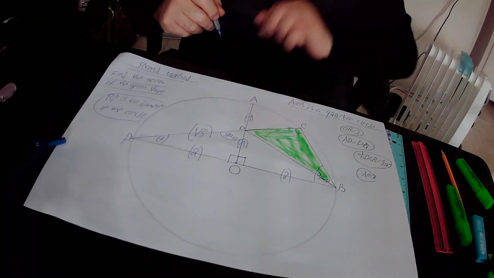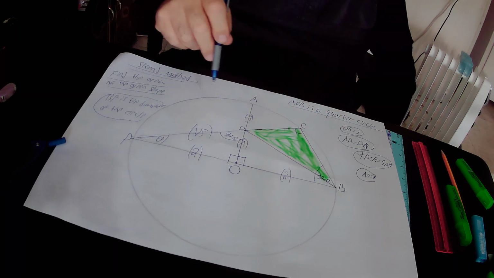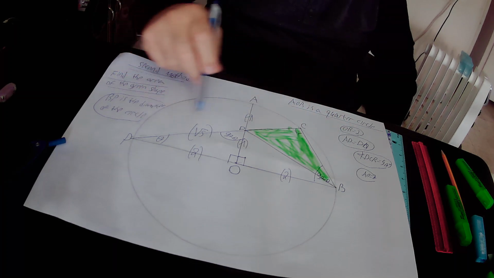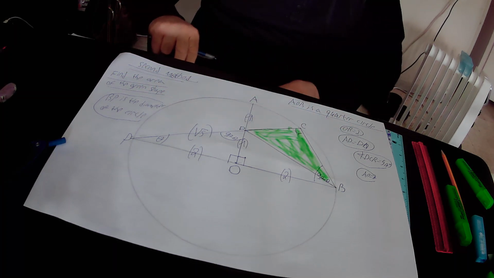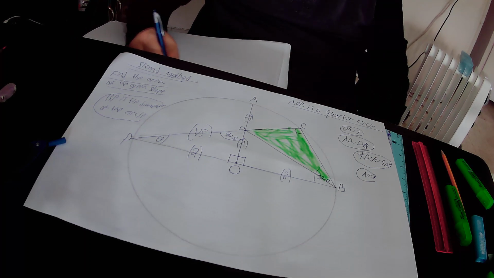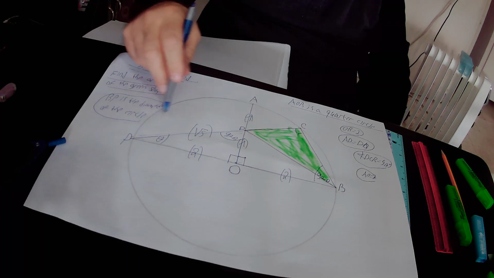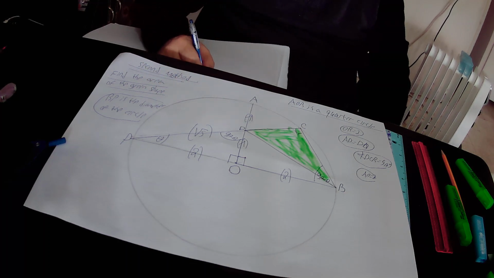In the next step, we'll prove that the big right triangle PCB is similar to this small right triangle PDO. So I write it down. We prove that the big right triangle PCB is similar to this small right triangle PDO.